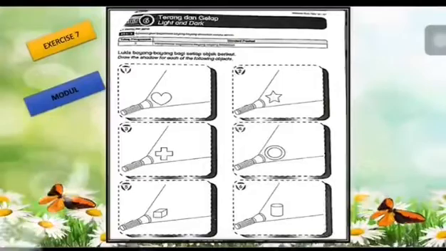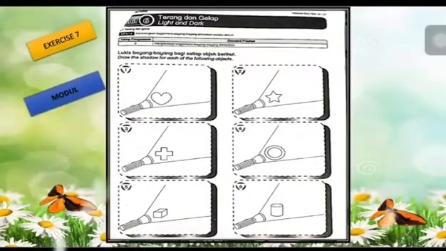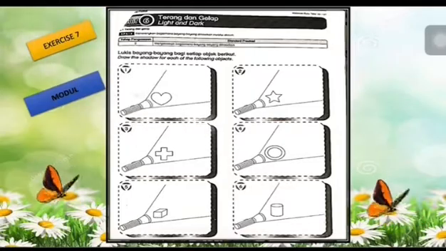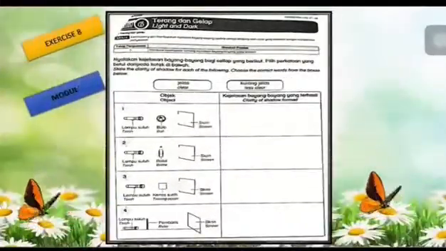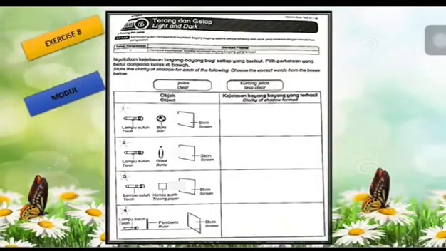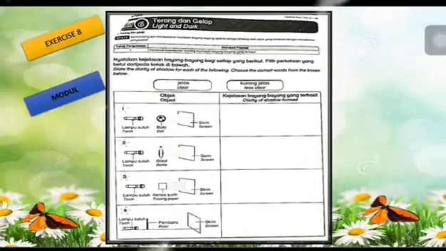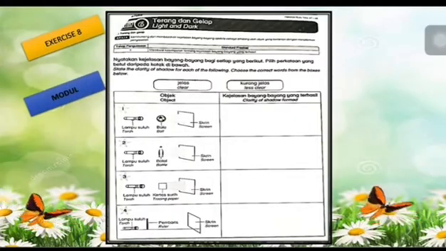Exercise 7, you have to draw the shadow for each of the following objects, also in your module. And this one, exercise 8, also in your module, state the clarity of shadow for each of the following. Right there, either the shadow is clear or less clear. Okay?